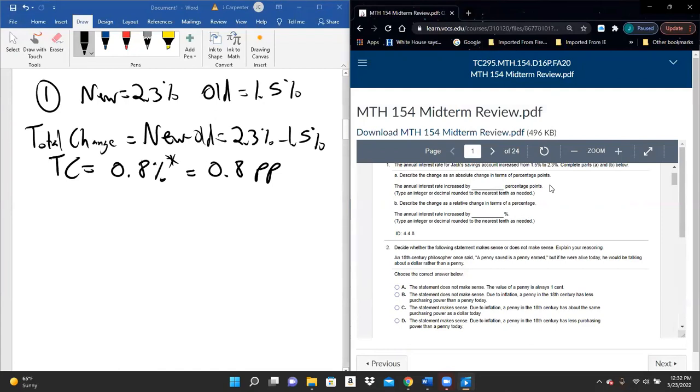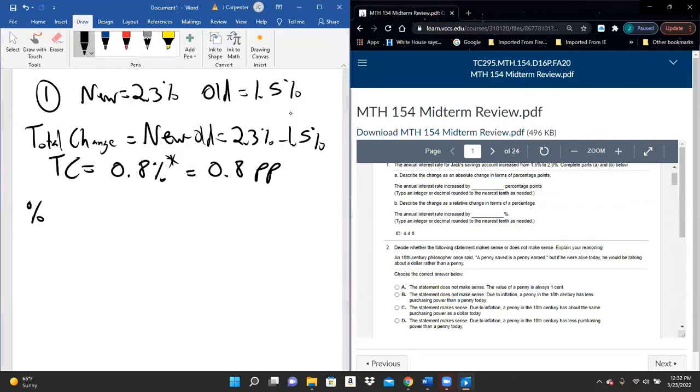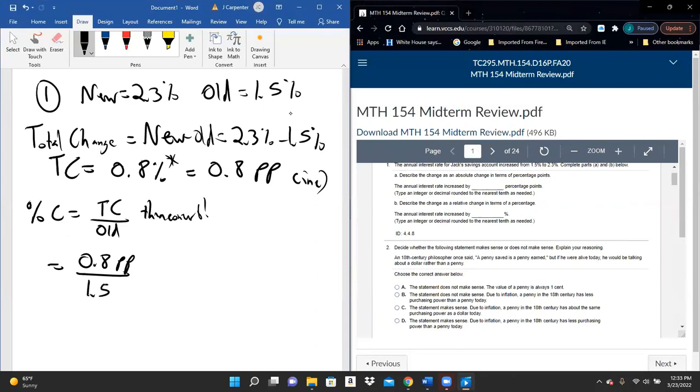All right, so then our percent change, what they're calling the relative change. So relative change or percent change. It's always silly when that happens. Percent change, well, that's the total change divided by the original or the old, but then you convert it to a percent. So for this one, the total change was the 0.8 percentage points, and that was an increase because it was positive, divided by the original, which is the 1.5%.